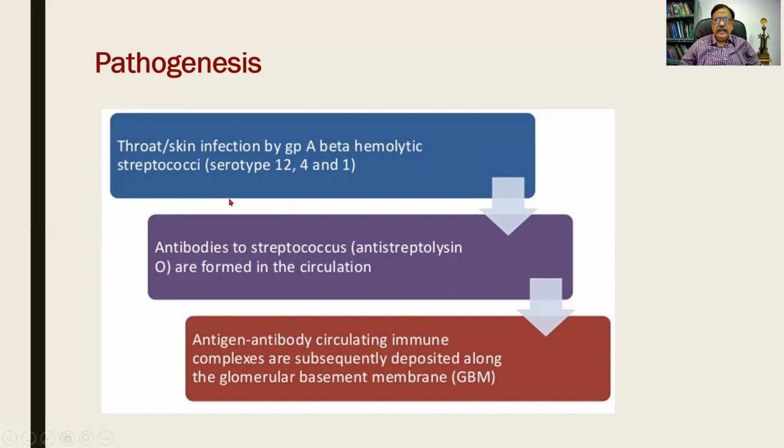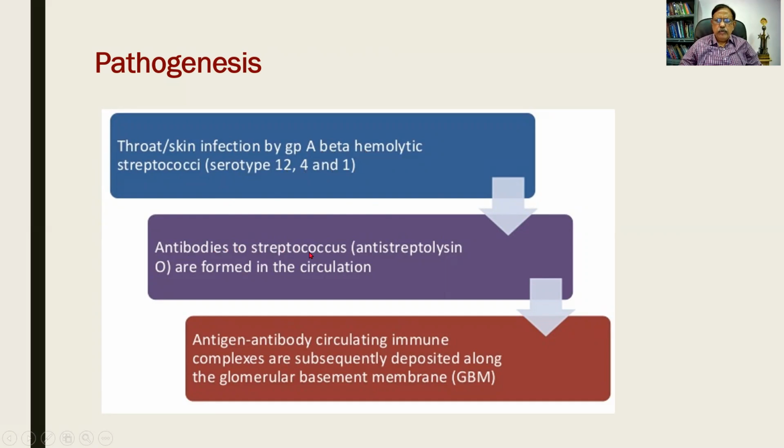So this is the classical sequence that happens. Commonly it is caused by group A beta hemolytic streptococci, and the serotypes commonly are 12, 4 and 1. There are many serotypes. These alone we shall remember.